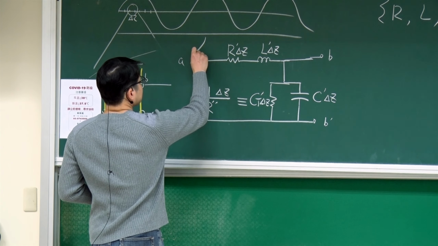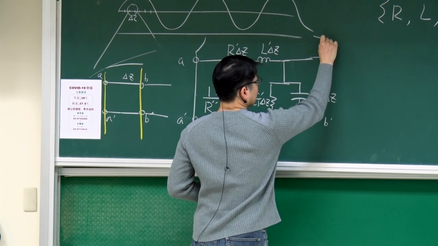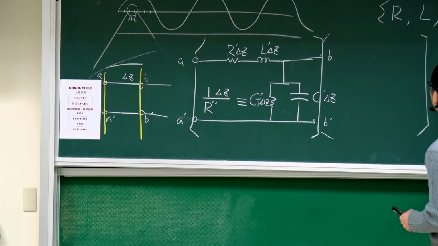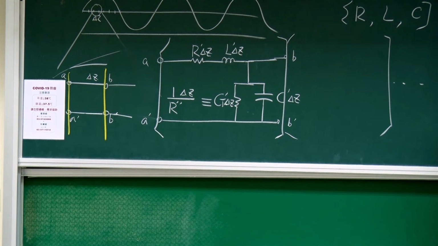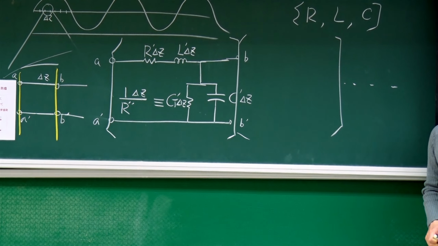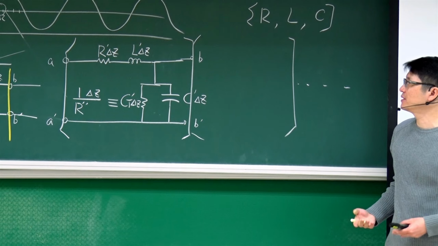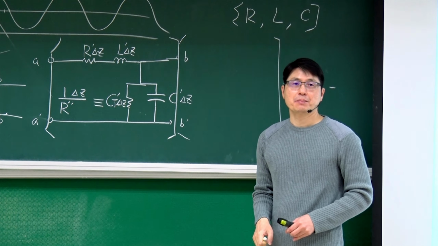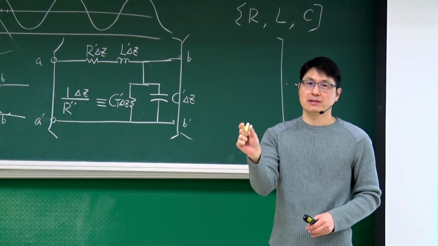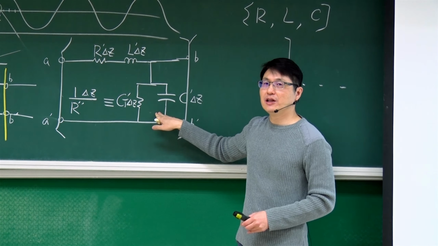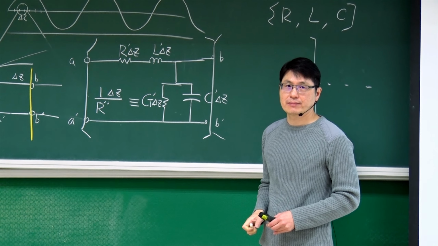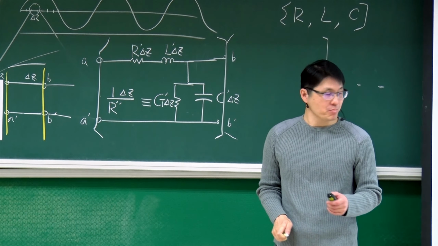So now I can safely add the second one, a third one, to represent the real transmission line. But each differential segment looks like this. They have identical parameters.